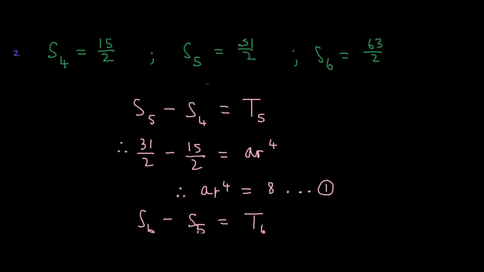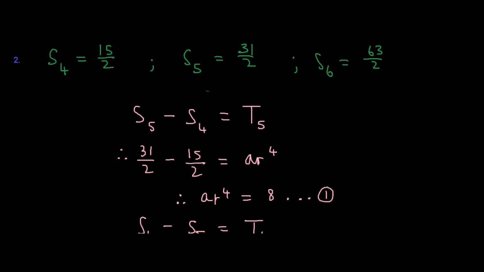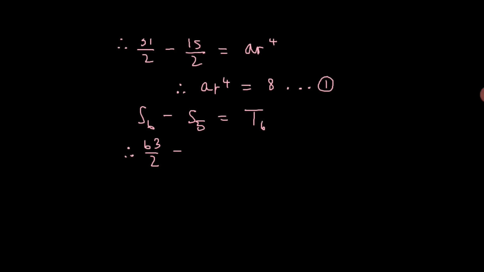So 63 over 2 less S sub 5, which is 31 over 2, equals T sub 6, which is ar to the 5, ar to the n minus 1. And here, of course, ar to the 5 will equal 32 over 2, which is 16. And we're going to call this equation 2.